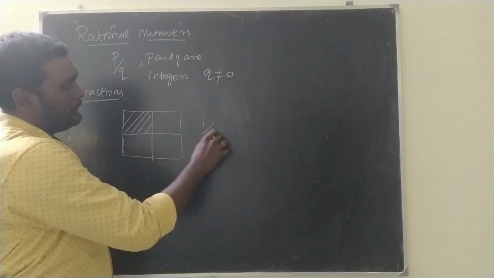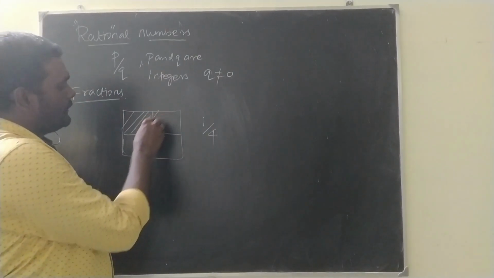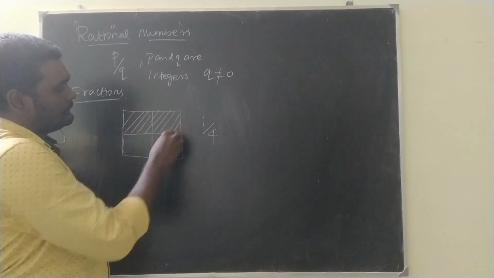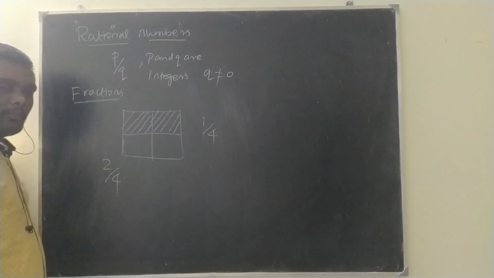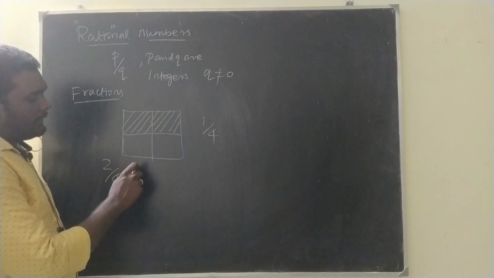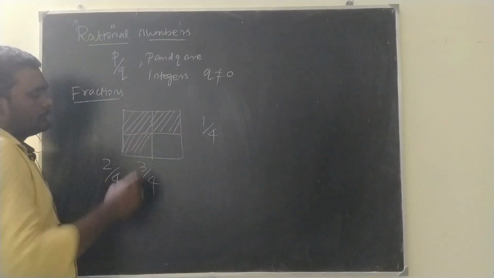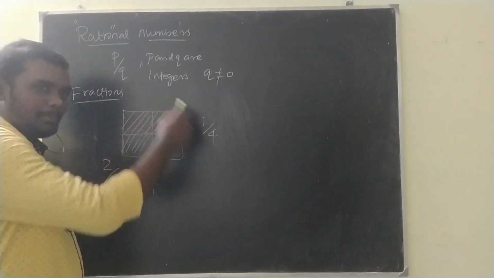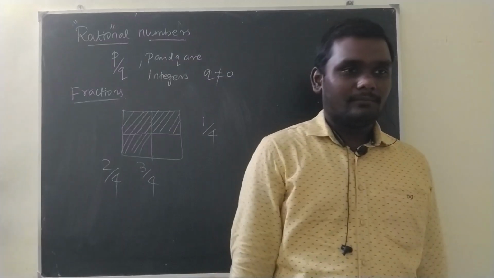It is 1 by 4, 1 among 4 equal parts. And 2 things among 4 is denoted as 2 by 4. And 3 things among 4 is like this, we will shade. So, there should be something so that we can divide that into equal parts.